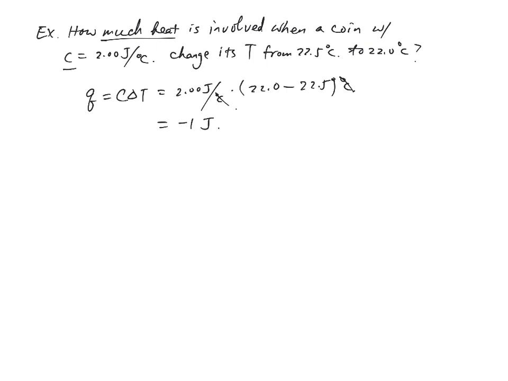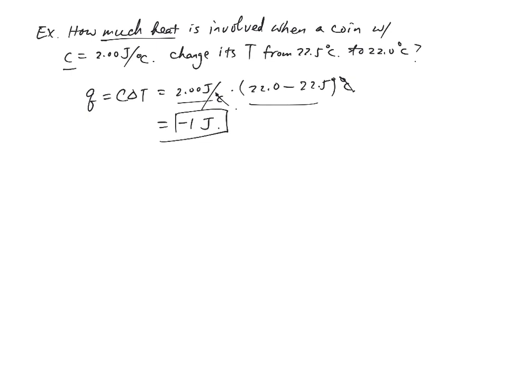Now, I'm not giving you this example for you to worry too much about the calculation here. You can see the calculation involved two numbers, C and delta T, both of which are either provided or very easy to calculate. The whole point of this question is that I want you to be familiar with negative Q. Whenever the heat is a negative value, I don't want you to view it as, oh, I created negative energy. No, that's not how it is. Instead, I want you to think of it this way.